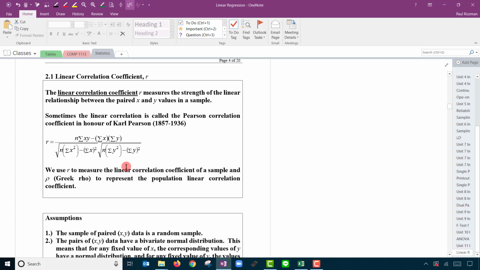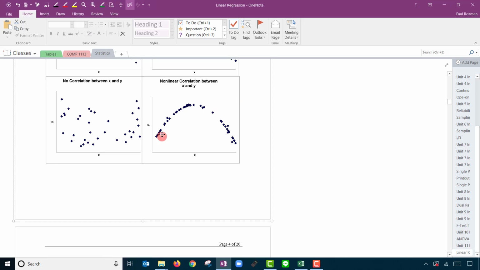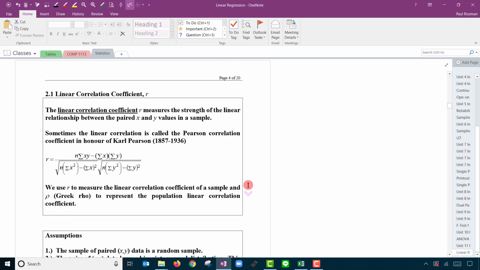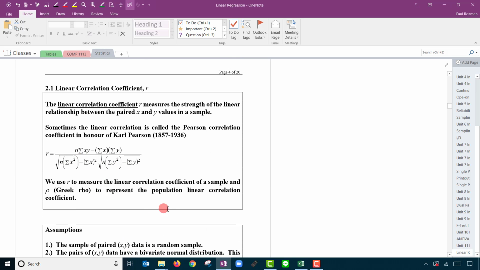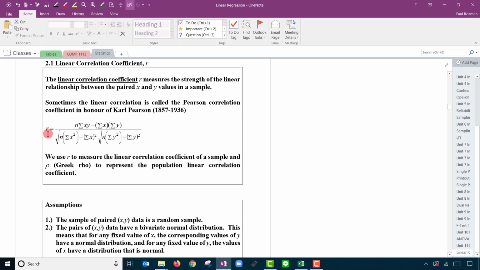The formula could be useless if your data is not linear; for instance, you shouldn't apply this formula to this parabolic looking data. This formula is devised for the linear case. We'll have the sample version R, and then the population value will be the Greek letter rho, which unfortunately looks like a P.